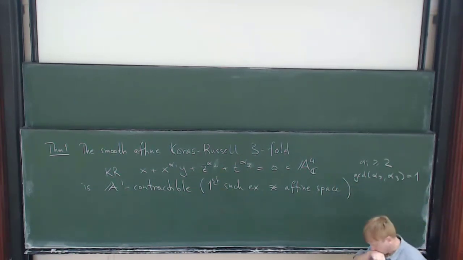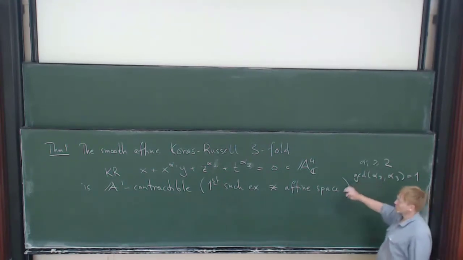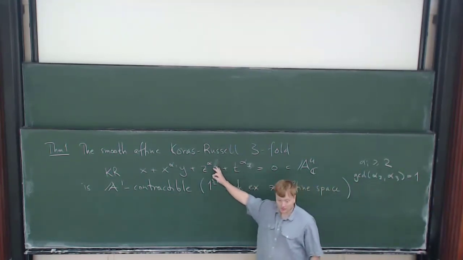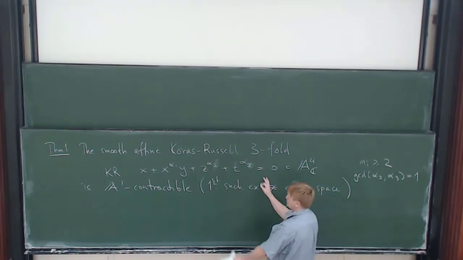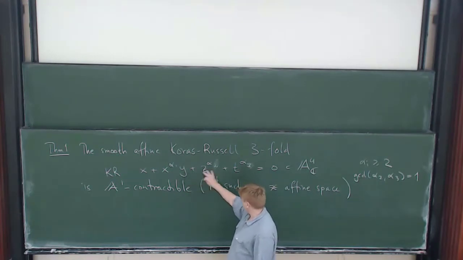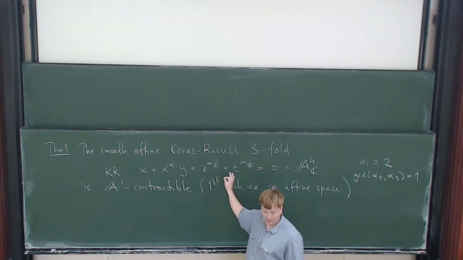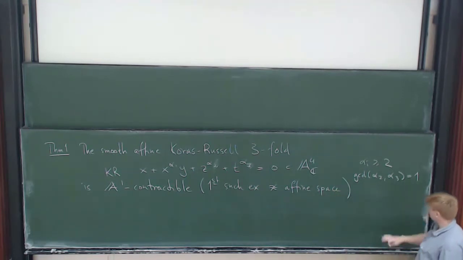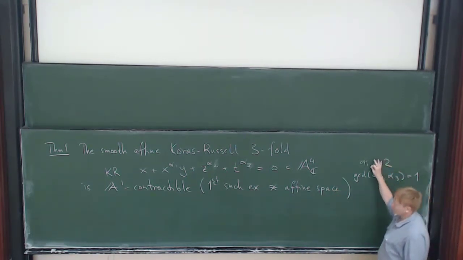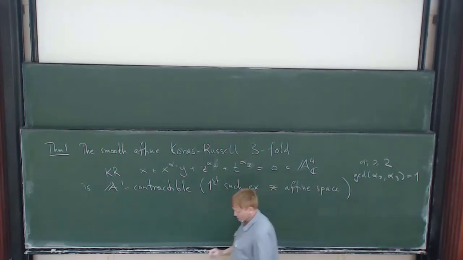One should notice that these conditions on the exponents, the α_i's, are quite important. If α2 or α3 equals 1, then this equation just describes an A3. But because of this condition, the Koras-Russell threefold is not an A3.